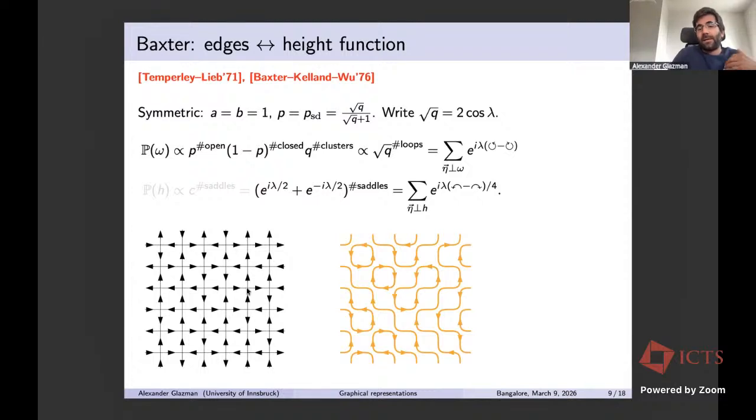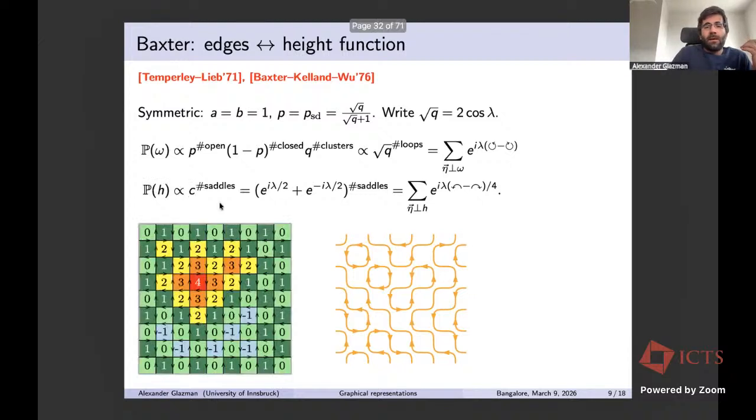So this is the gradient of a height function, because around every vertex it's curl free. This is drawn on the left picture. For every two faces, whenever the arrow is drawn up, the face on the right has a higher height, and whenever it's drawn down, on the contrary.